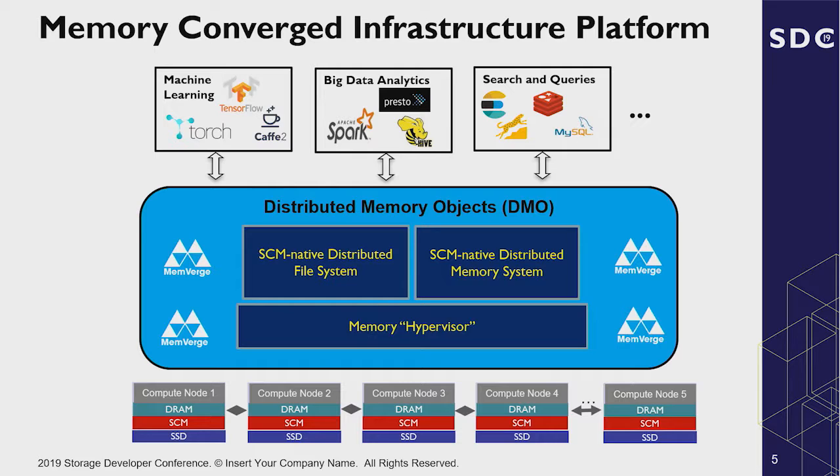And there are multiple ways these applications interface to our product. On the memory side, we can transparently intercept the memory allocation functions, so that we can manage the allocation of the applications in a way that is transparent to the application. We can also have a client library on the memory side.